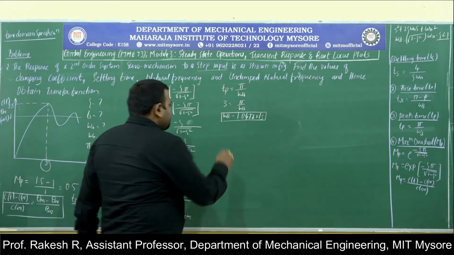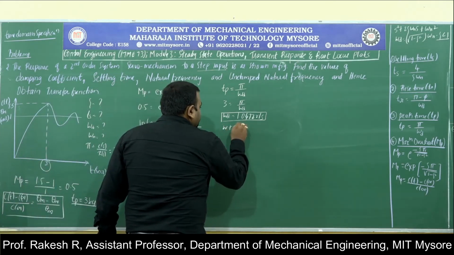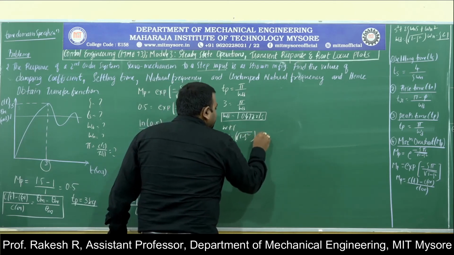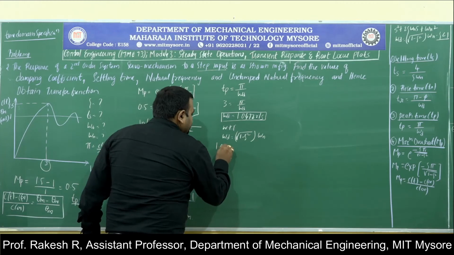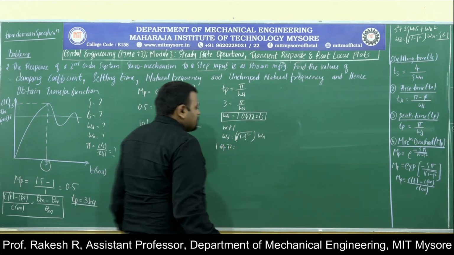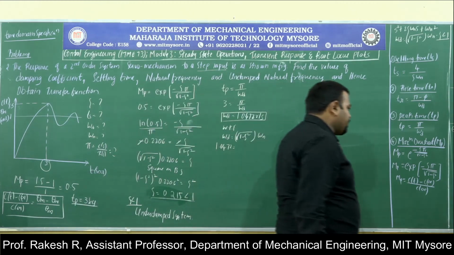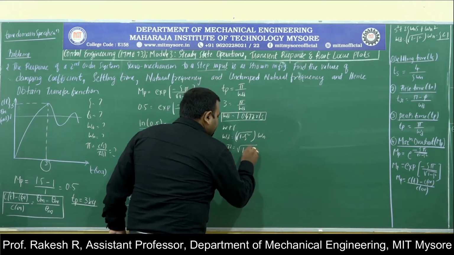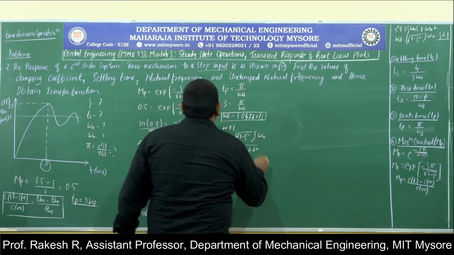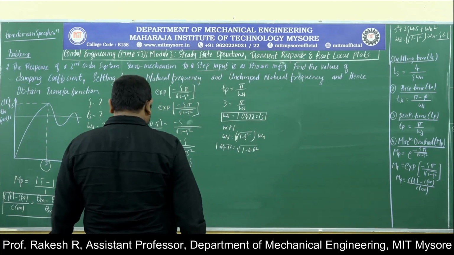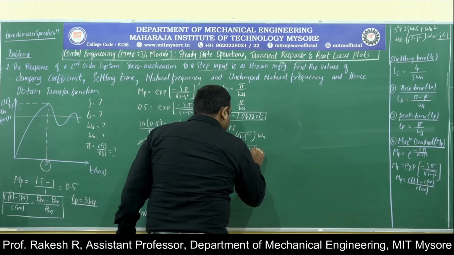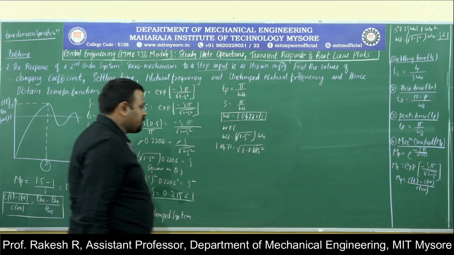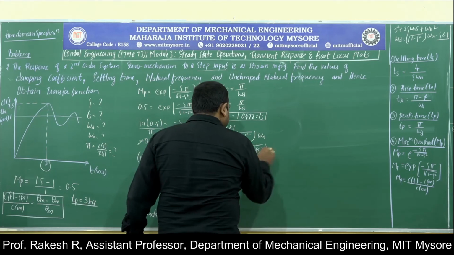After calculating this, we know that omega d will be equal to square root of 1 minus zeta square into omega n. Omega d is 1.0472, and zeta is 0.215, so square root of 1 minus 0.215 square into omega n.